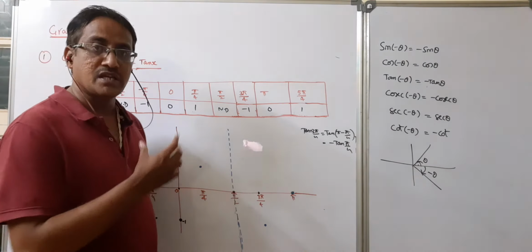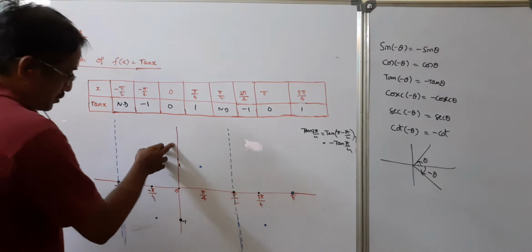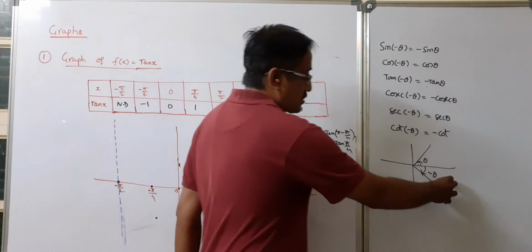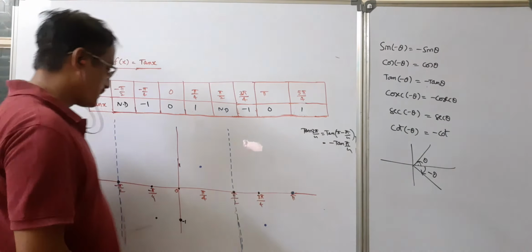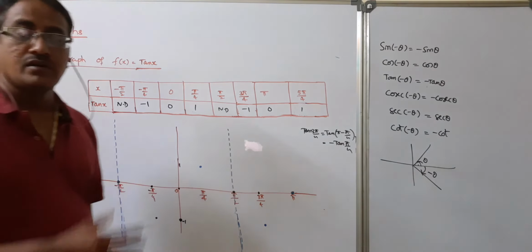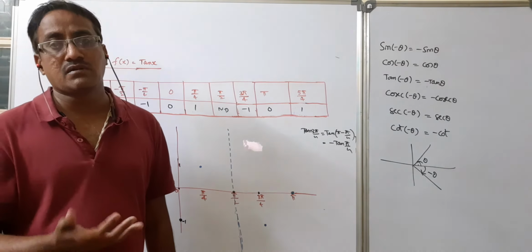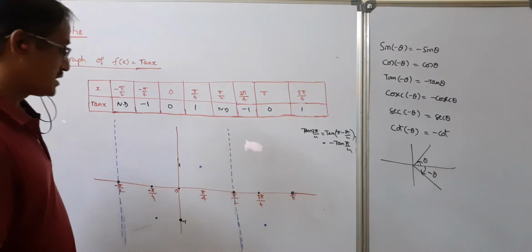Minus pi by 2 to 0 is the fourth quadrant. So in the first quadrant tan theta is positive. In the second quadrant tan theta is negative, whereas in the third quadrant tan theta is positive. In the fourth quadrant tan theta is negative.